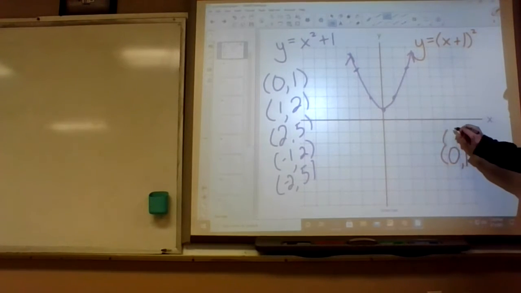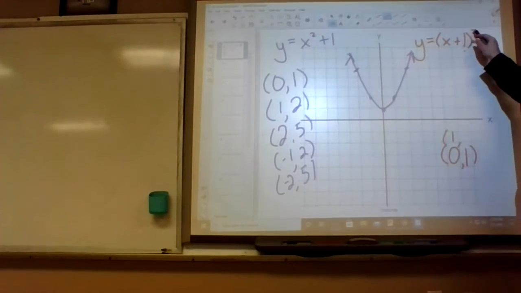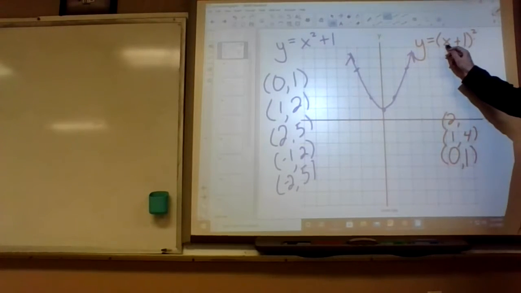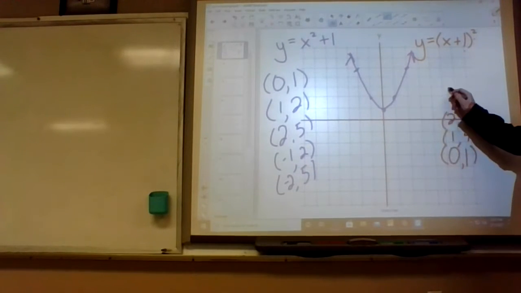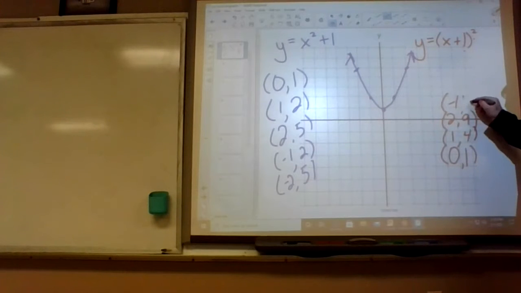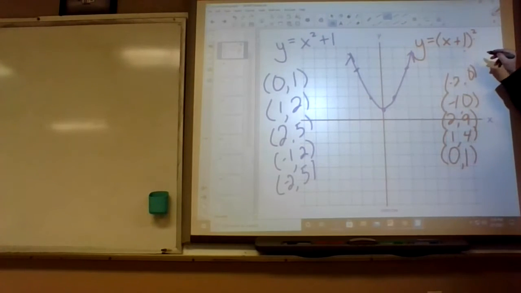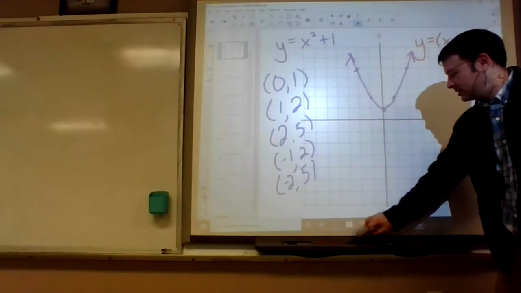If I plug in 1, what do I get? 1 plus 1 is 2, 2 squared is 4. If I plug in 2, I get 2 plus 1 is 3, 9. It's going to be off my graph. If I plug in negative 1, 0. If I plug in negative 2, here's where it gets messy.